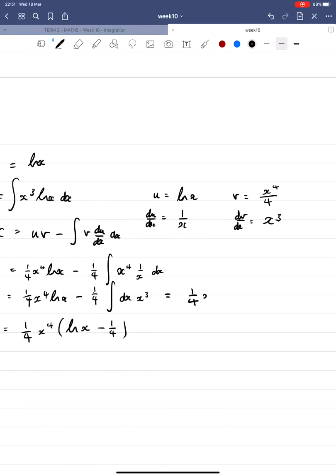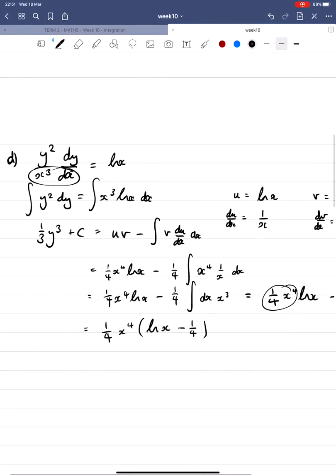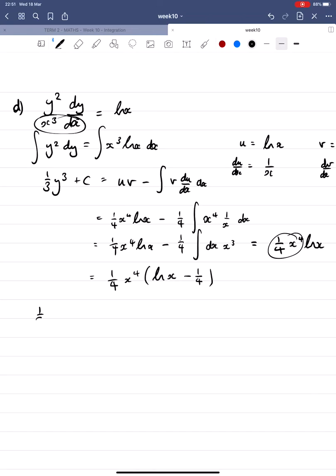So that's the first part that's already written down, minus a quarter. And then this integrates to a quarter x to the 4. And you can see I've pulled out this a quarter x to the 4 part. Okay, and then that would be our answer. We've got a third y cubed plus c is a quarter x to the 4 ln x minus a quarter. And we're done.